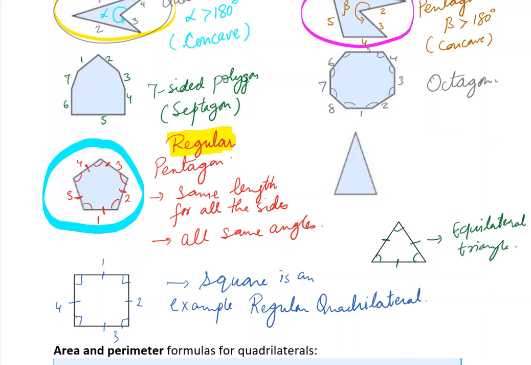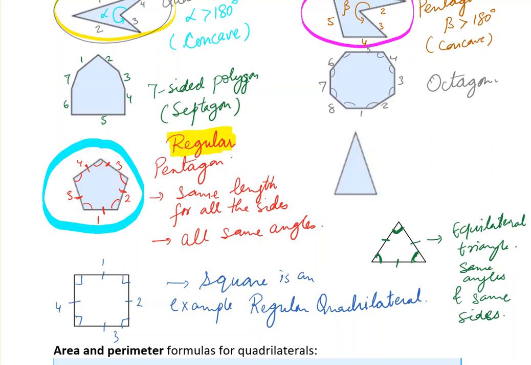All the angles are equal, all the sides are equal: same angles and same sides.